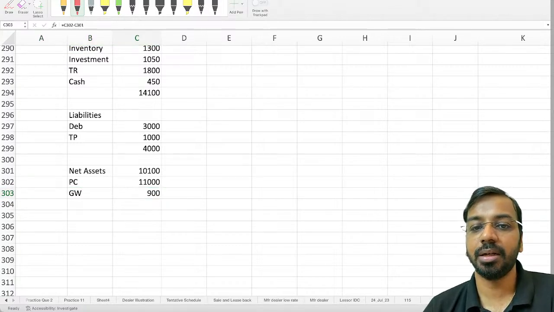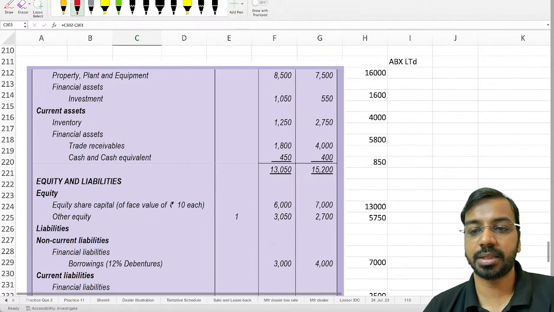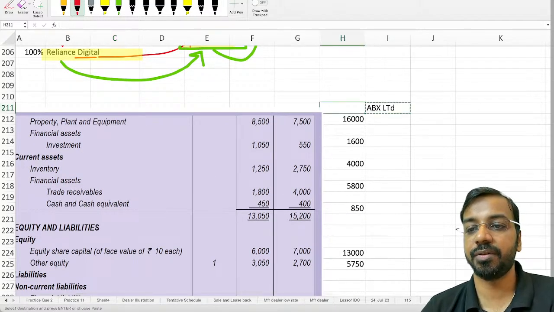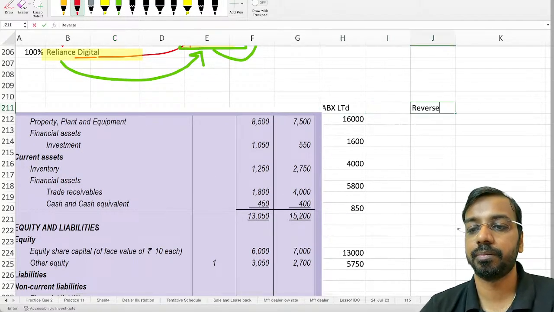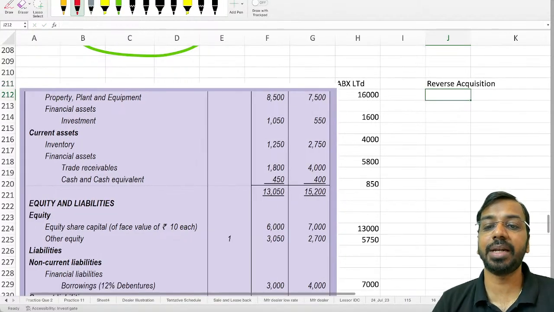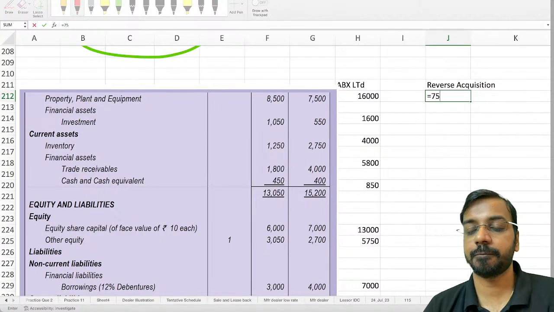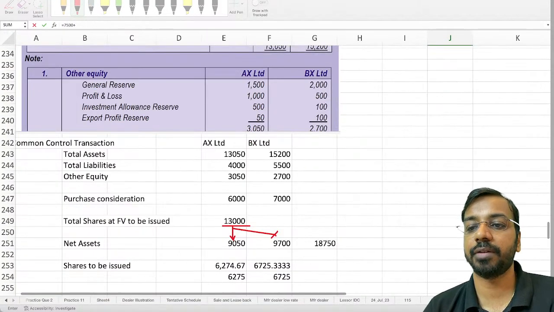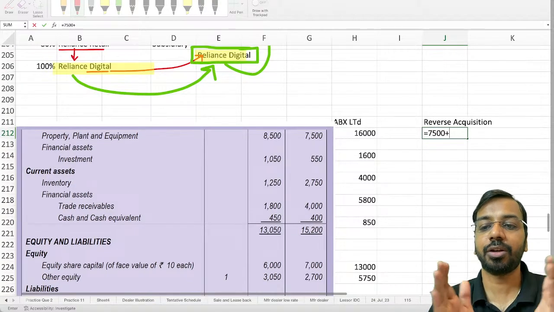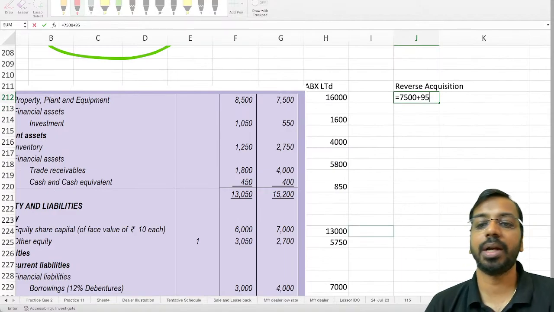Now, once that is done, we can directly prepare the combined balance sheet of both the entities. This is common control, this is reverse acquisition. In case of reverse acquisition, it will be as if BX Limited is preparing the financial statements. So 7,500 plus the fair value that we have considered, which is 9,500, you get 17,000.